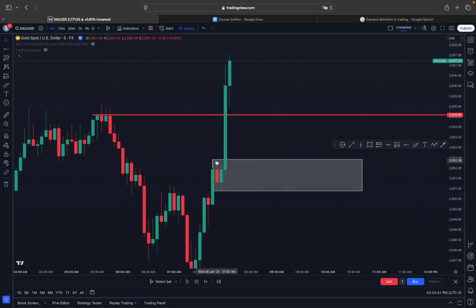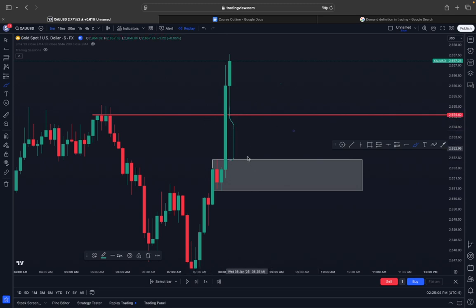This next candle right here never did this move. It did not come and tap this zone.